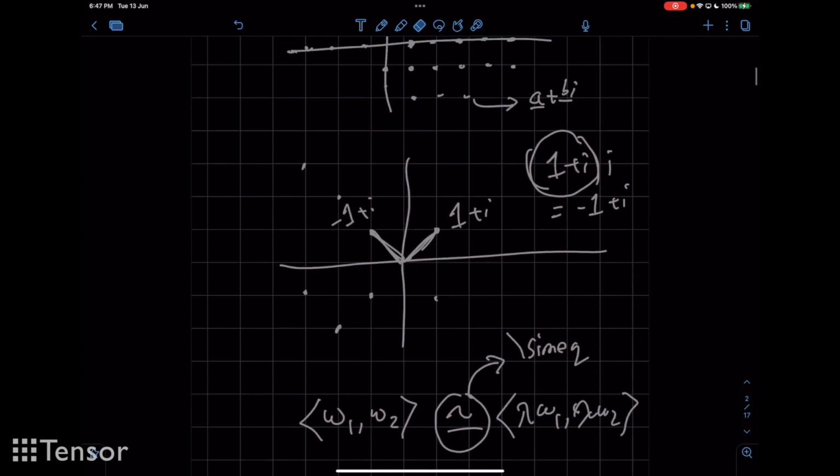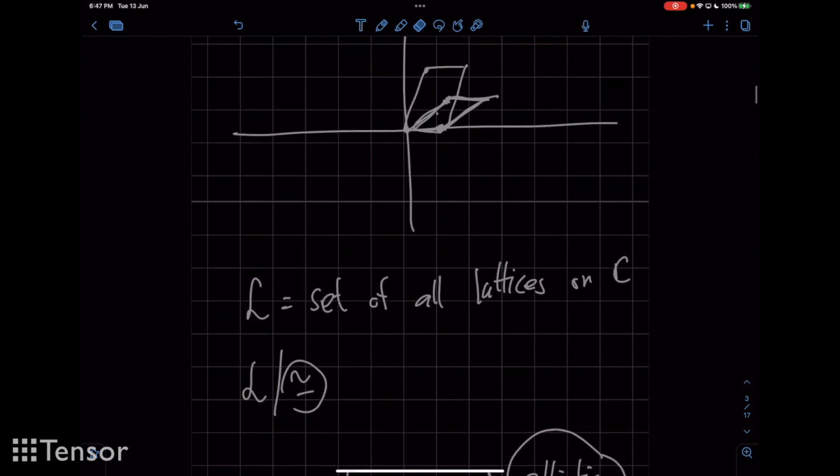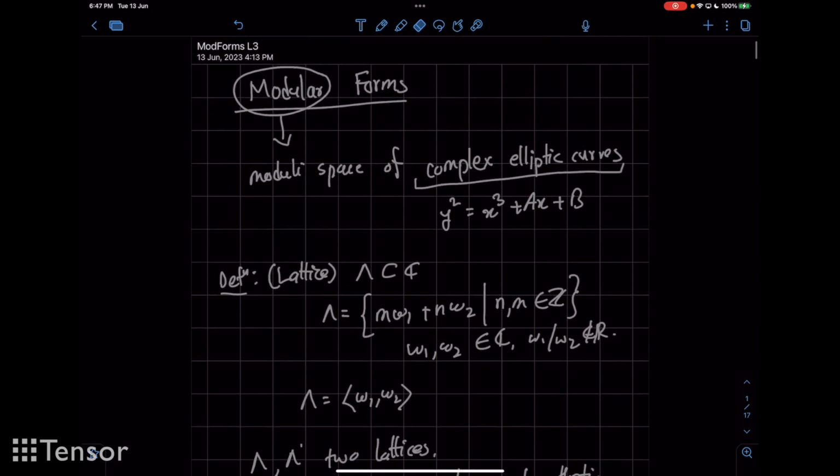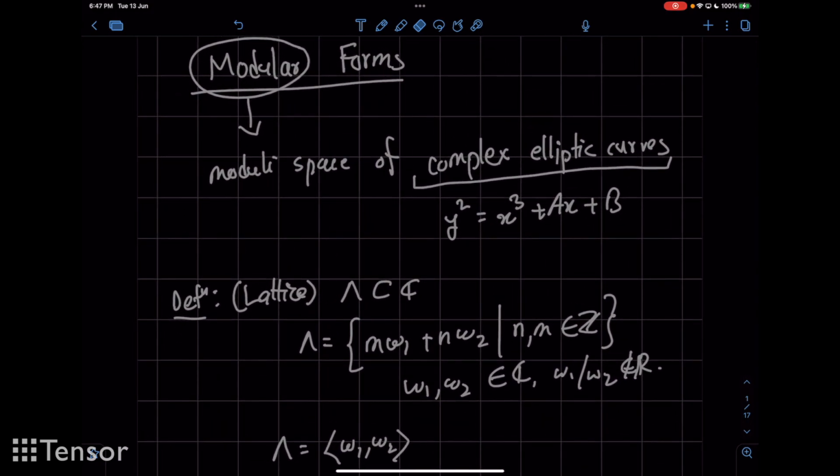I did not define an elliptic curve rigorously. I just said that an elliptic curve is a curve of this form with some other extra condition. It's a curve on the complex plane. Well, to be more precise, it's a curve on the projective complex plane. So you did not discuss those? No, I did not rigorously define what elliptic curves are. So these are just the motivations for the modularity condition.